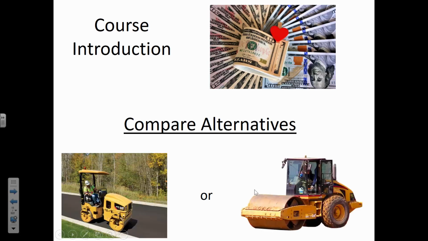Now, in this course, we're going to use different techniques to compare alternatives. That's a big part of what I want you to have, the ability to be faced with a scenario where you're considering maybe an option A that is a little steamroller for compacting asphalt, or option B is a big one.